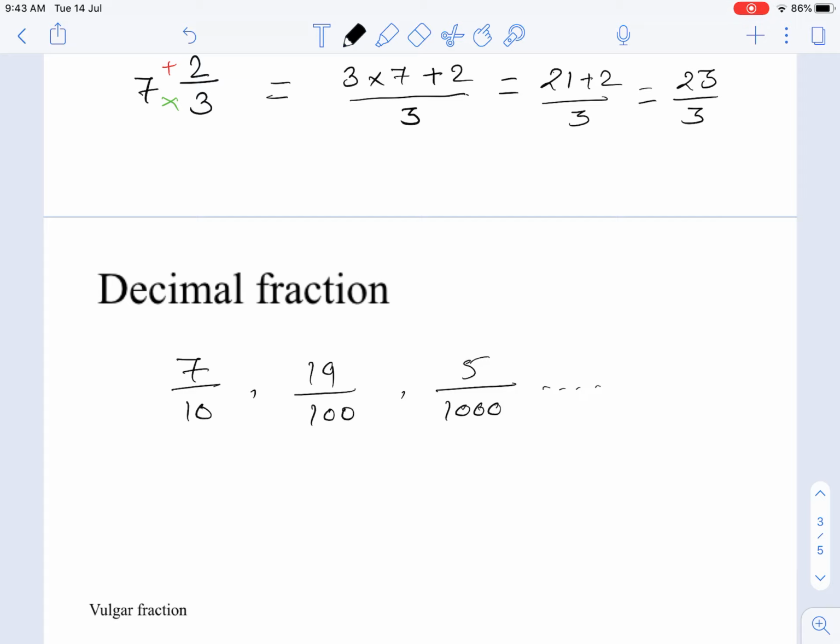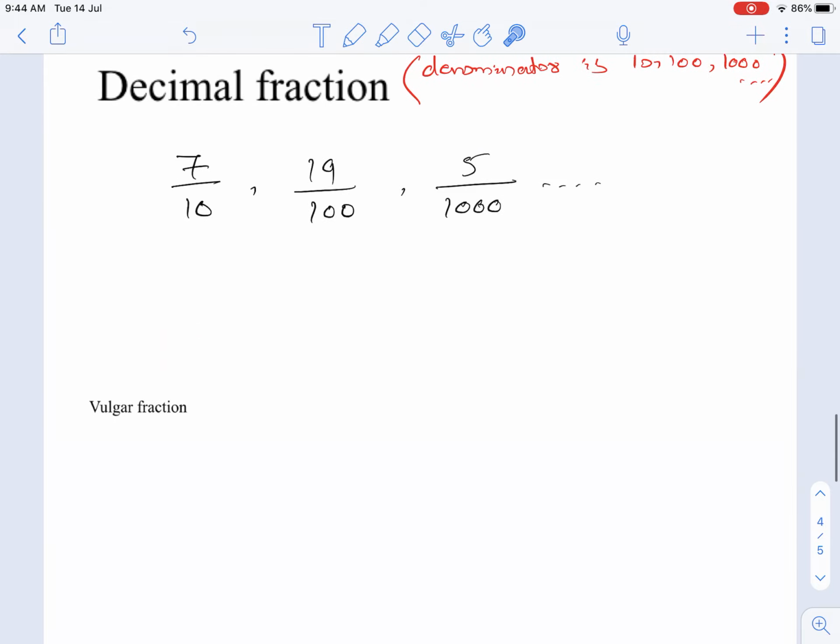Such a fraction is known as a decimal fraction. In a decimal fraction, the condition is that the denominator is either 10, 100, 1000, and so on up to any number. If it is in this form, then we can say the given fraction is a decimal fraction.